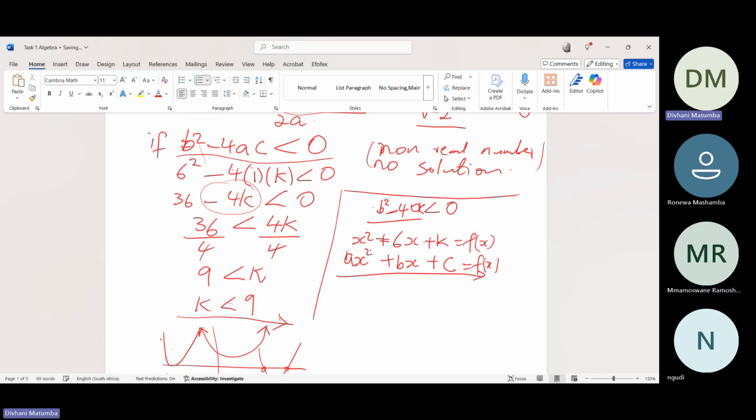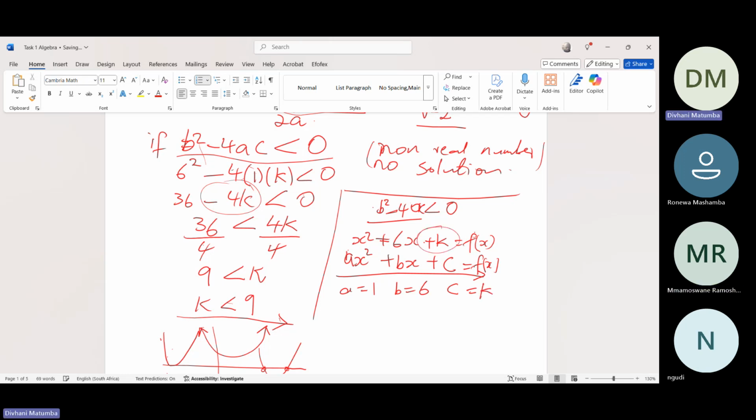All right. So in this case, our A will be 1. Is it true? Yes. And your B will be 6. And your C will be what? Mam Swane. My C will be 1. Oh, it will be k.